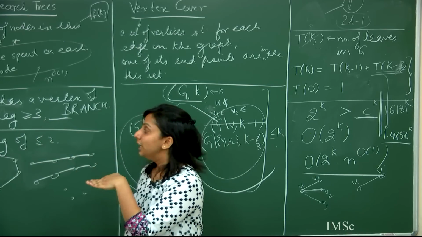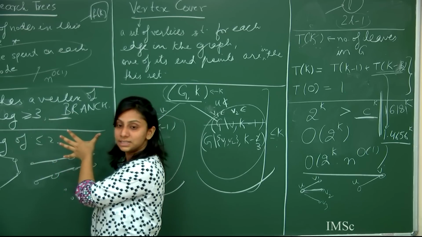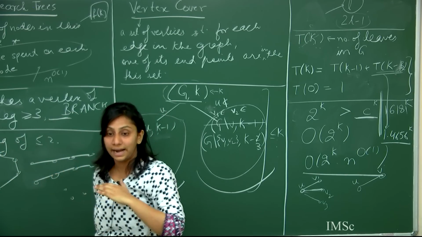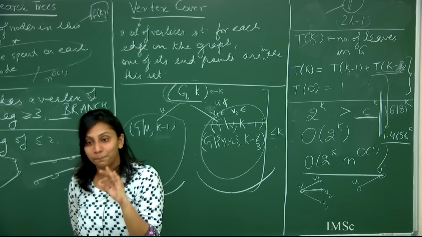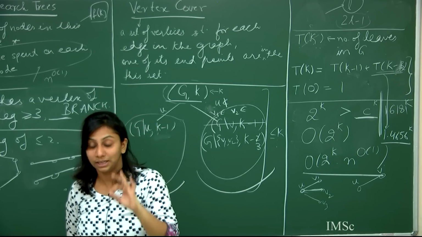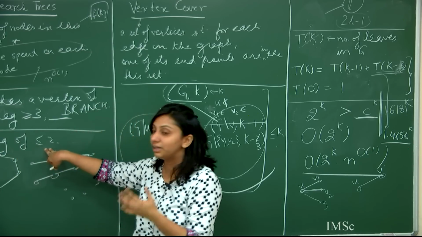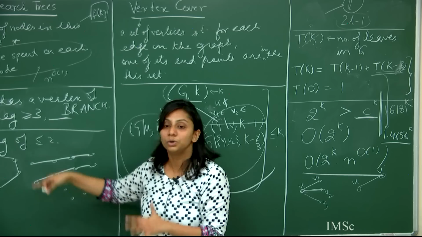You cannot say that if G has a vertex of degree at least 4, then I'll branch, otherwise the max degree of the graph is at most 3, and you can hope to solve it in polynomial time. We cannot hope to do so. Why? Because vertex cover on graphs of maximum degree at most 3 is NP-complete. So if the max degree of the graph is at most 3, we cannot hope to solve vertex cover in polynomial time, and hence I can't try to do this.